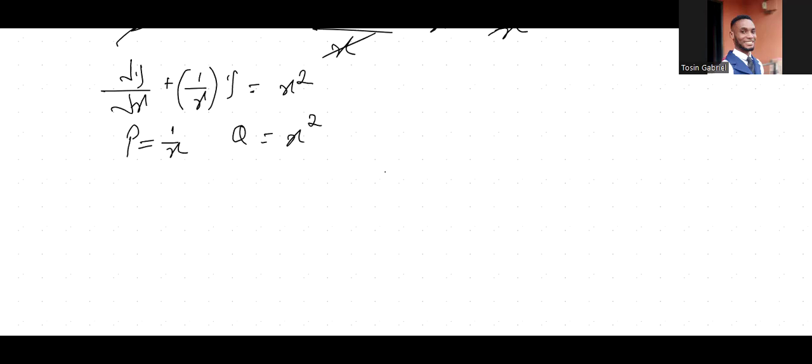So we simply say that the integrating factor is going to be e raised to the power of the integral of p dx. Now, what is p? p is 1 over x, so the integral of 1 over x dx.